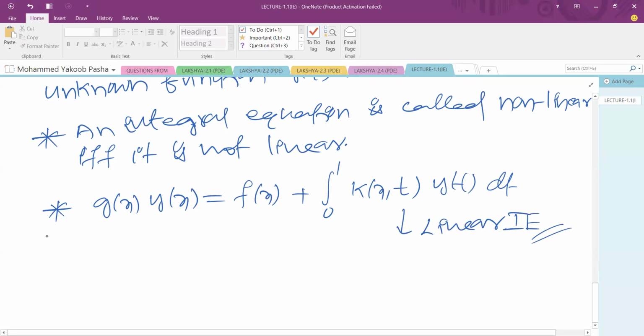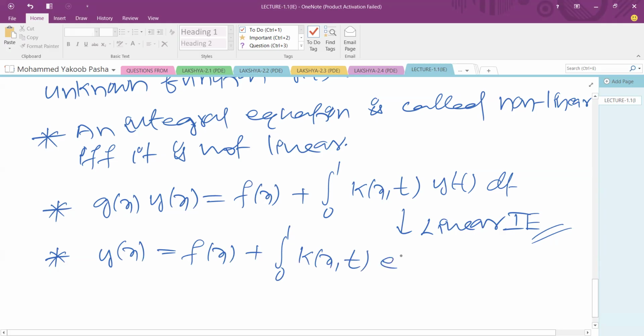Similarly, if we consider another equation, y of x is equal to f of x plus integral 0 to 1 k of x comma t into e to the power of y of t dt.